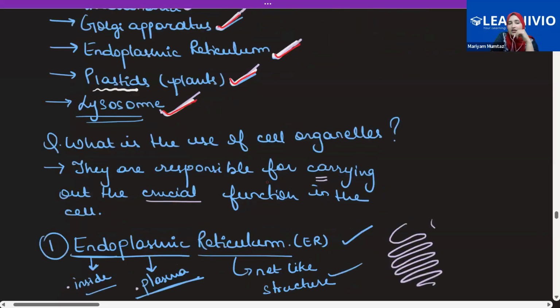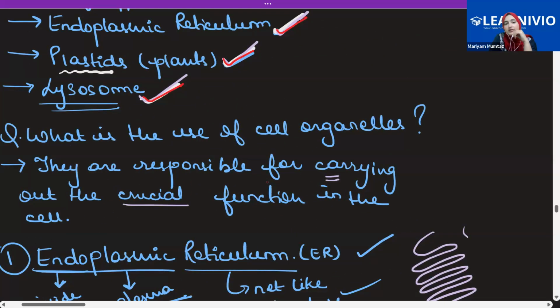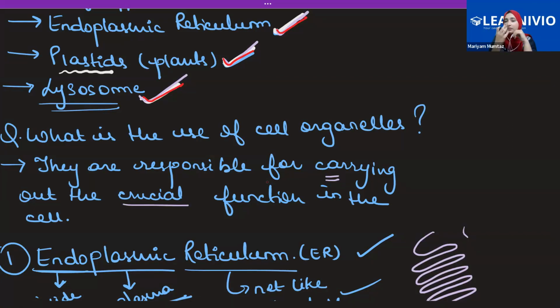What is the use of the cell organelle? They are responsible for carrying out crucial functions of the cell. Imagine inside the cell, because of the presence of these organelles, the work is divided. So it's like the ribosome says, we'll not do anything else, we'll do protein synthesis.